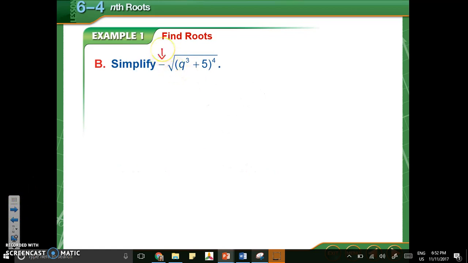Okay, take a look at this one. I want to find the opposite of the principal square root of (q cubed plus 5) to the 4th. Now be careful here. Notice the q cubed plus 5 is inside parentheses to the 4th power. So really I'm taking the square root of something to the 4th power.